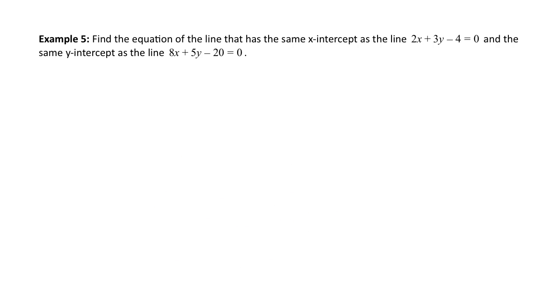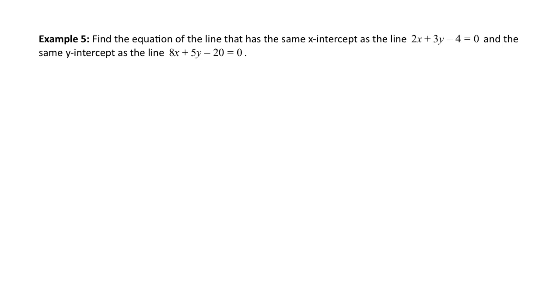All right, it's time for our final example, our final problem, and I've saved the most challenging one for last. We need to find the equation of the line that has the same x-intercept as the line 2x plus 3y minus 4 equals 0, and the same y-intercept as the line 8x plus 5y minus 20 equals 0.